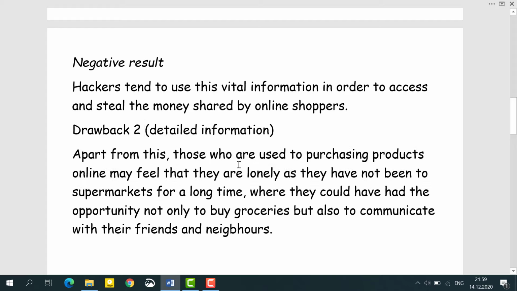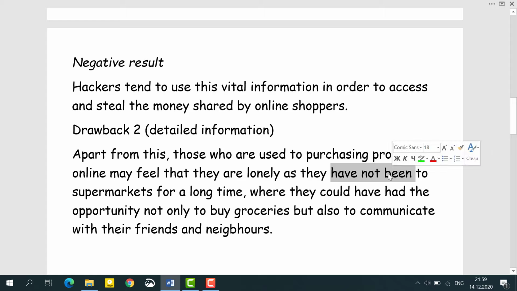Okay, those who are used to purchasing, I'm using a complex grammar here, who are used to plus ing, purchasing products online, may feel that they are lonely, as, which means because they haven't been to supermarkets for a long time. So when you use the phrase for a long time, make sure to use the present perfect.